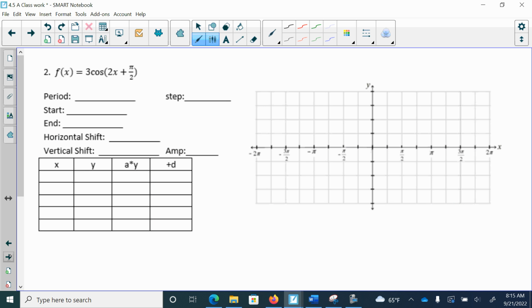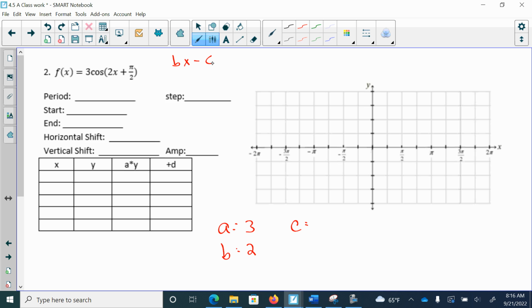The next one is a cosine function, and I'm again going to identify my A, my B, my C, and my D. So my A is a number that's out front of the trig function, which is going to be 3. My B is a number that's inside the parentheses with the x, so in this case it's going to be 2. My C is whatever I'm subtracting. So this technically, remember, it's bx minus c.